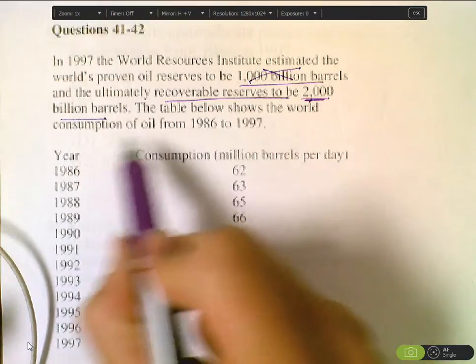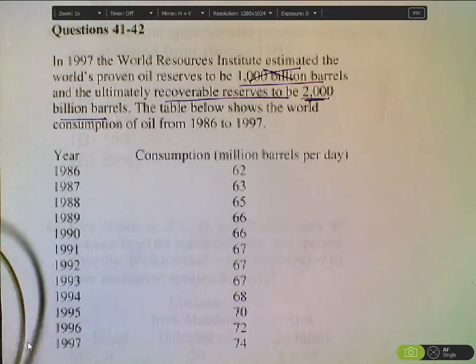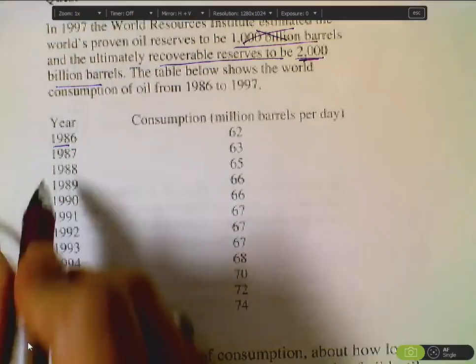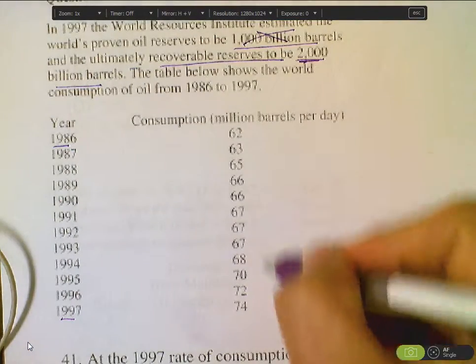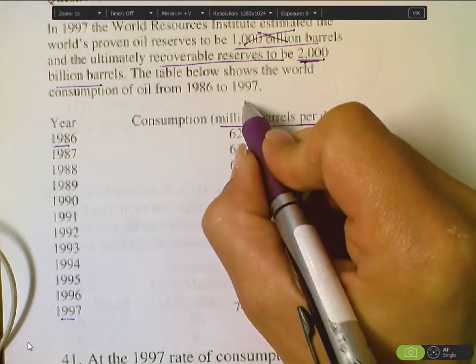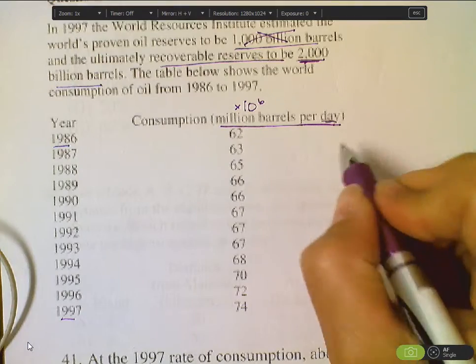The table below shows the world consumption of oil between 1986 and 1997. So looking down here, I see 1986 and 1997, so my years are on the left column, but what they're giving us is in million barrels per day. So that kind of jumps out at me. We're talking million, 10 to the 6th, and we're talking per day, so that's important too.